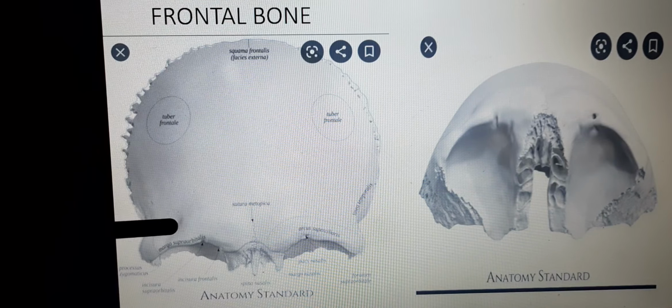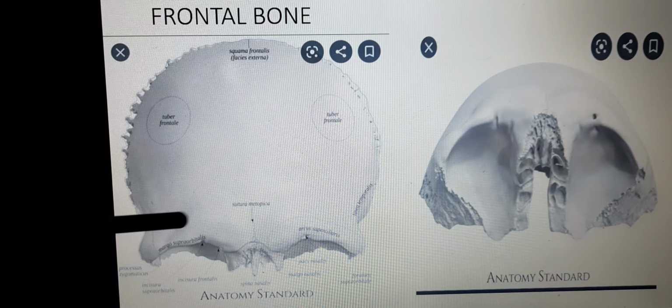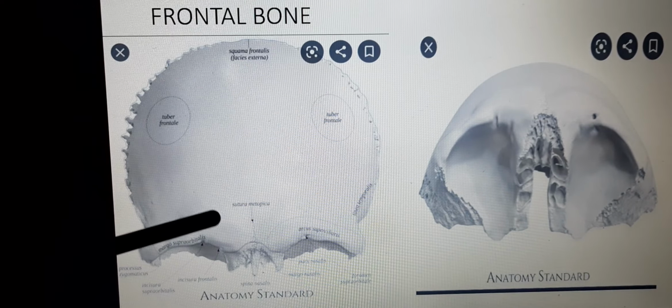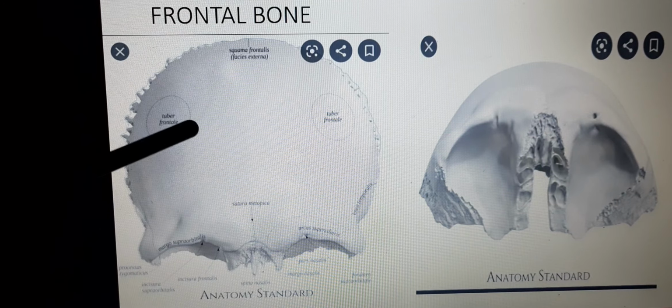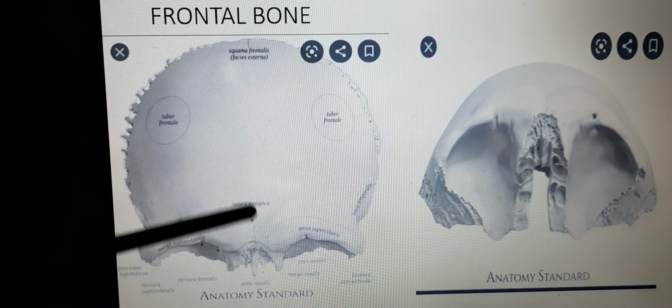So here you will get the superciliary arch on both sides, and in the median plane between the medial ends of superciliary arch there is an elevation known as glabella.